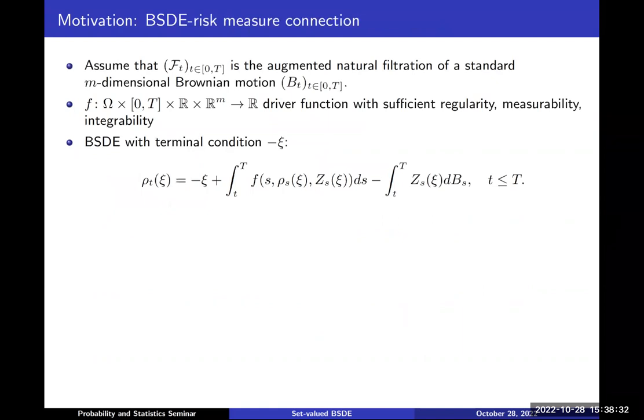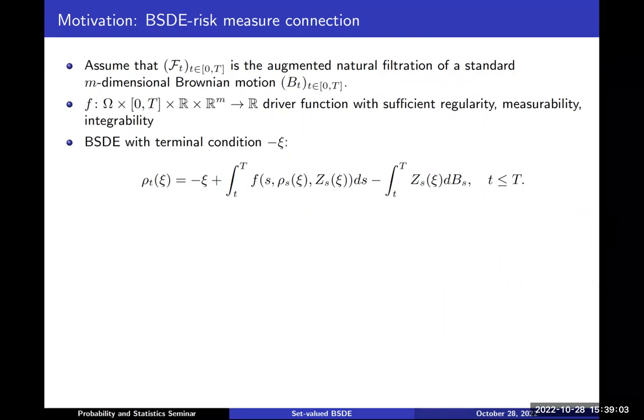And the connection between this and BSDE is sort of natural, because those properties like monotonicity, convexity, and so on, also time consistency, are naturally satisfied by solutions of BSDEs in many situations. For instance, let's look at this simple standard BSDE, where we have a driver function f with a bunch of inputs, the time, and the components of the solution.